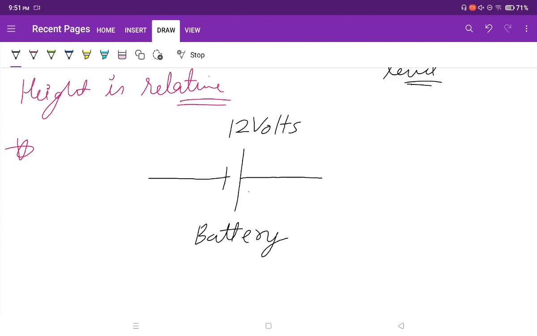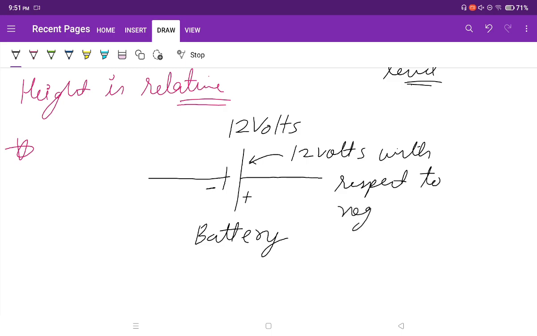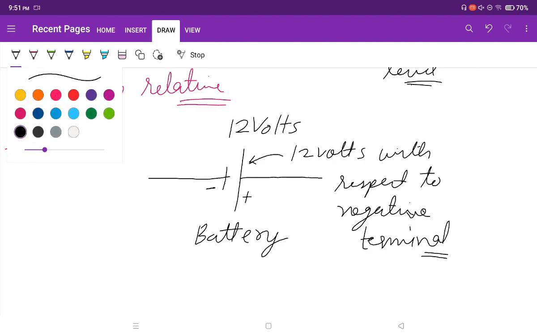So if I say this is the positive terminal, this is the negative terminal, now if I say positive terminal is at 12 volts with respect to negative terminal.